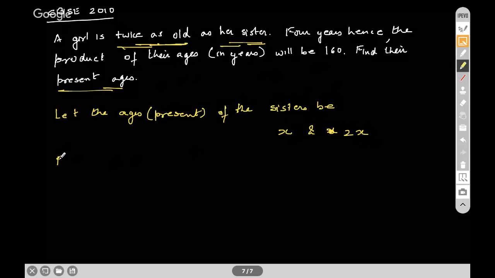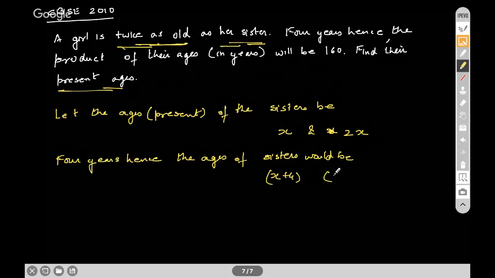So 4 years hence, the ages of the sisters would be x plus 4 and 2x plus 4. The product is equal to 160, so x plus 4 times 2x plus 4 equals 160.